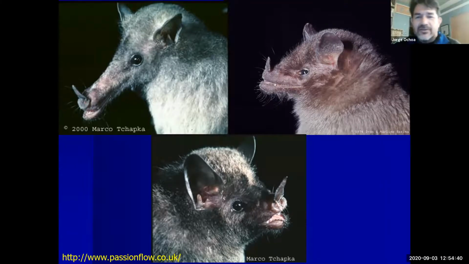There's a group of bats that are going to be very, very good for pollination. Bats are nocturnal, so they're going to come up at night. But notice the mouth of the bat is going to be elongated. That is because it needs to reach deep into the flowers to take the nectar.